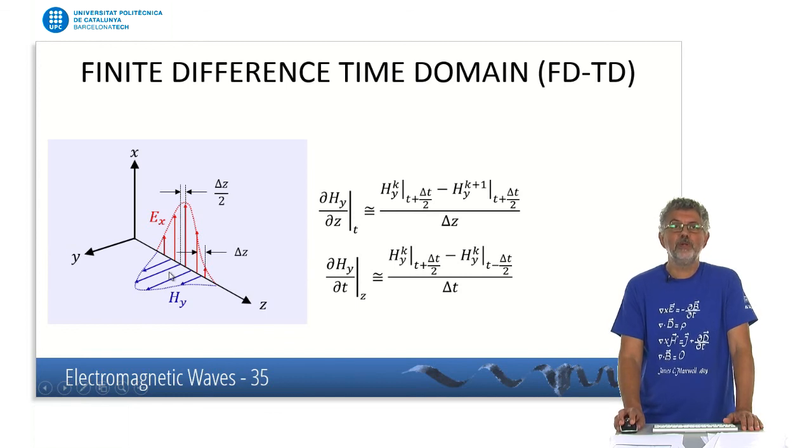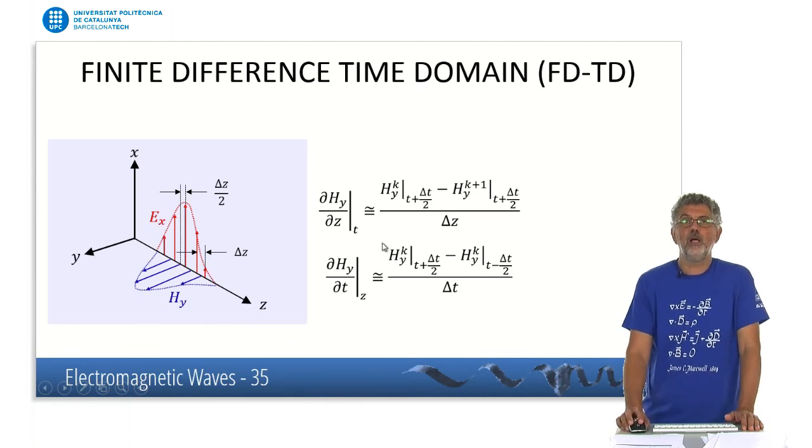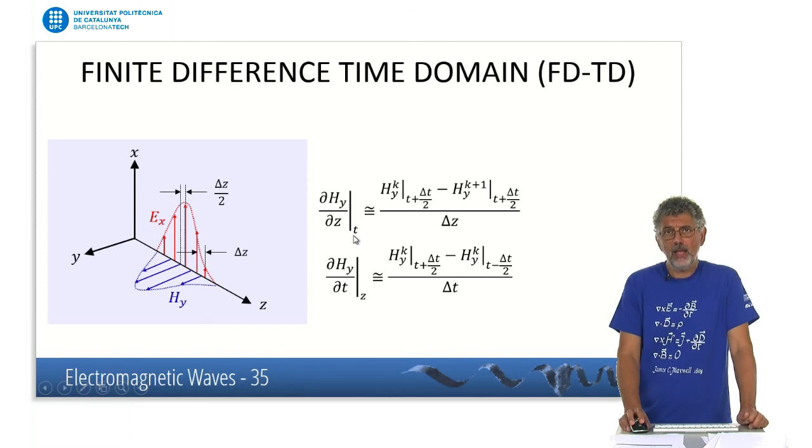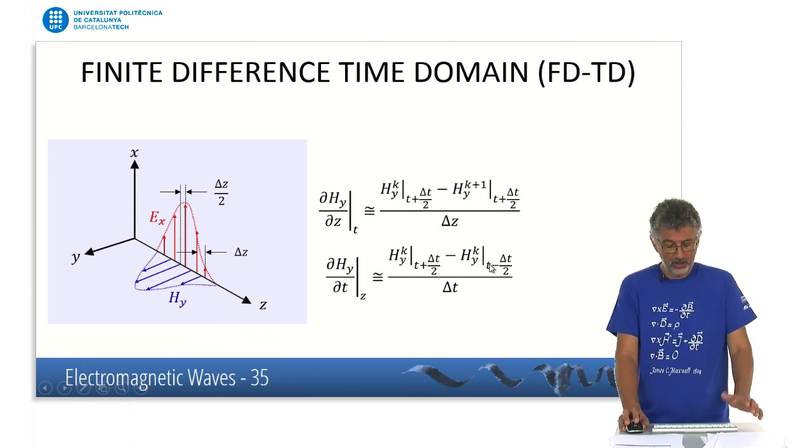We're going to sample the magnetic field in those intermediate positions that are between two samples of the electric field. So the time derivative of the magnetic field will be approximated by these finite differences, in which the only difference is that the sampling points are different than the ones we are considering for the electric field.